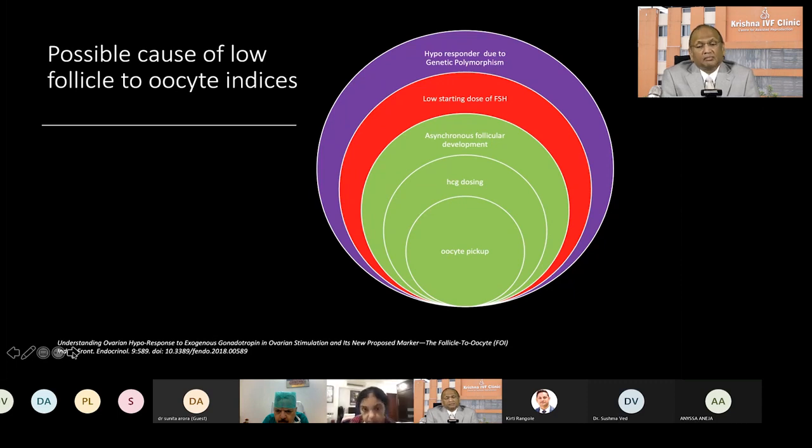Most of the time we give the same amount of dosage; we never give the HCG based on the body mass index. Sometimes what happens is you might be injecting the HCG in an obese patient into the fat rather than into the subcutaneous tissue. So your LH surge may not be proper, and inappropriate luteinization can be a cause.